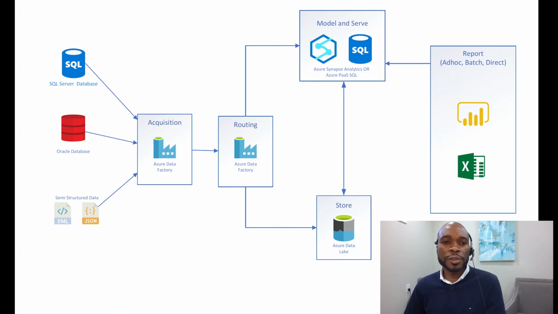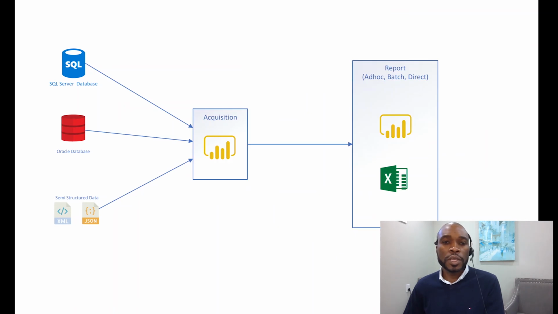This is a moderately complex setup, and there can be many more options which can be either more complex or much simpler. Here's another example, and as you can see, it is much simpler.